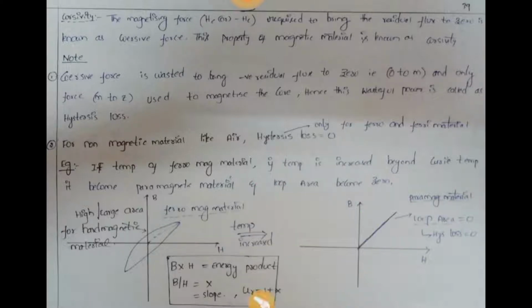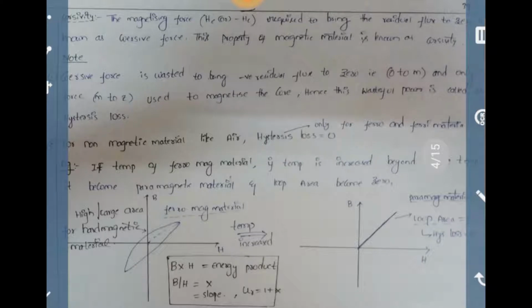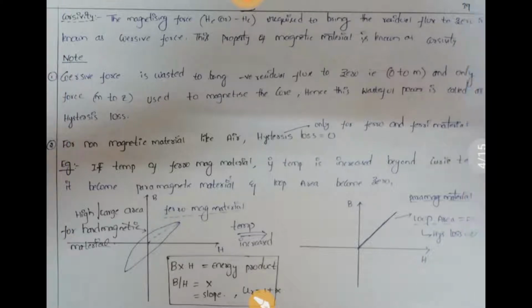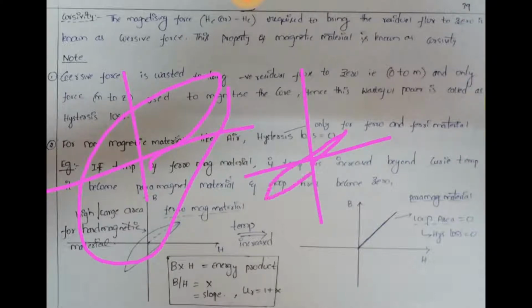So one point you must note here: this curve has more losses compared to this curve. A small curve means the area is going to reduce, and the energy losses also reduce. See here, B into H, I told you, when you multiply X into Y, it will give area.